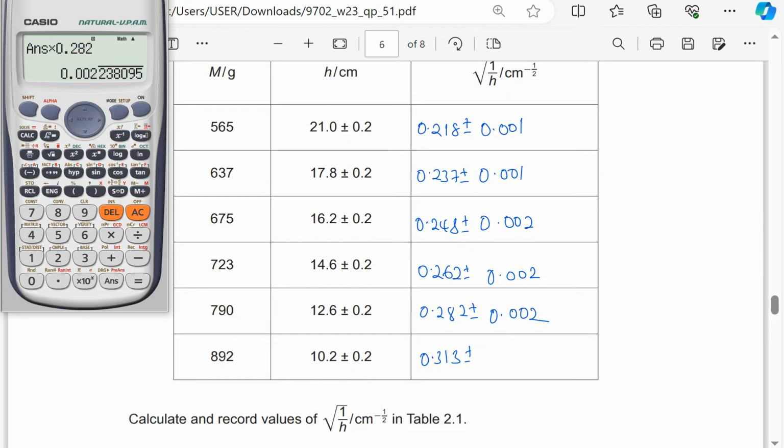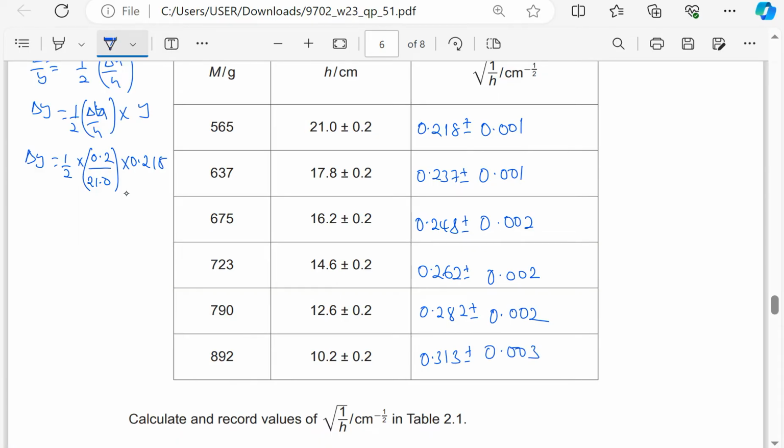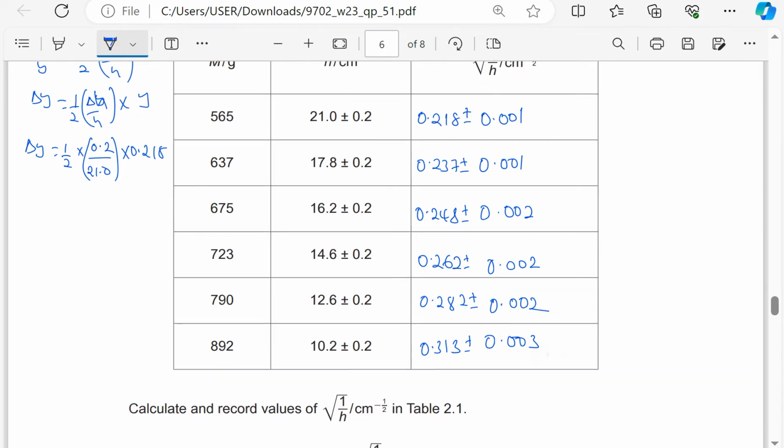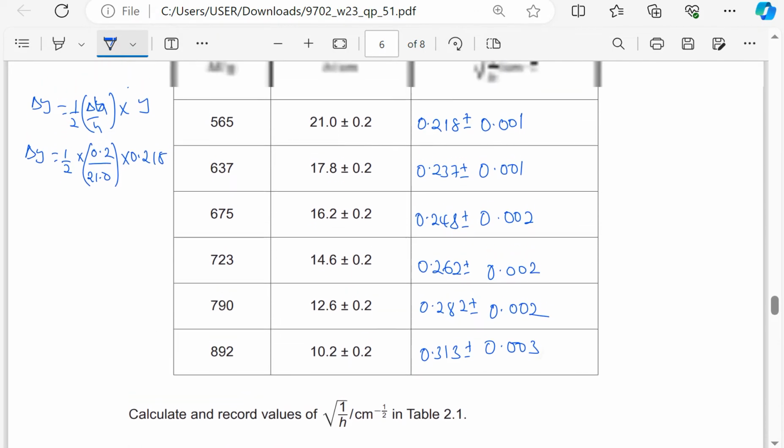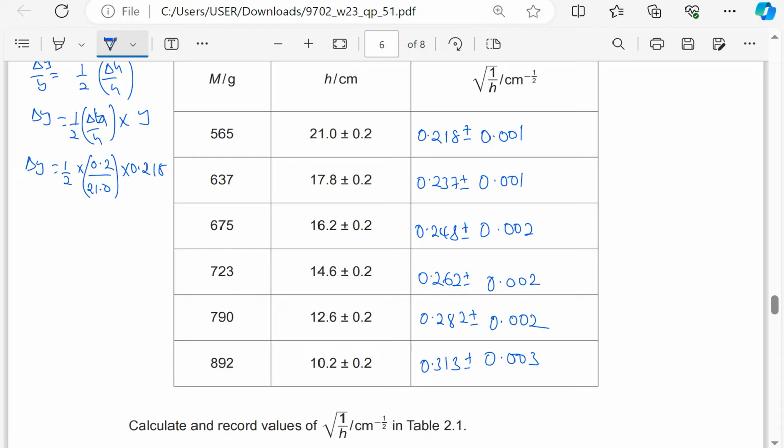And the last one is 0.5 for a half times 0.2 divided by 10.2, then times 0.313, which is 0.003. Okay, so those are the uncertainties. So I'm just going to transfer this table on paper so that I can plot it very fast.